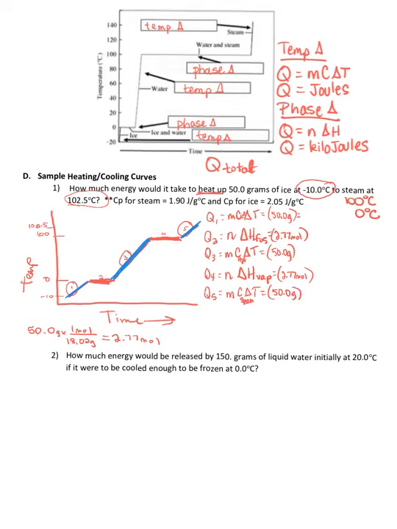C for ice, they give it to us in the problem: 2.05 joules per gram degrees Celsius.